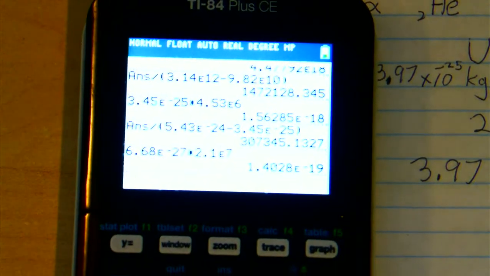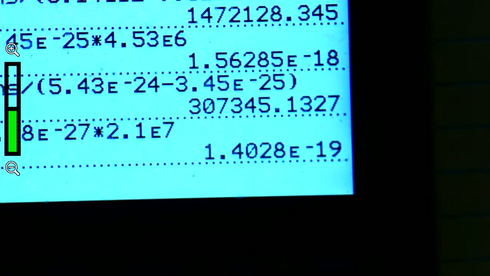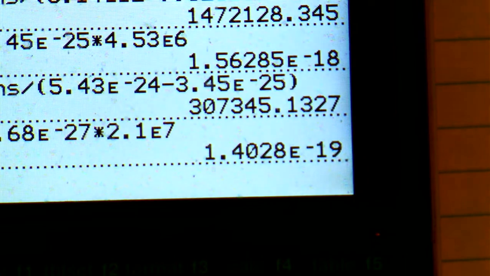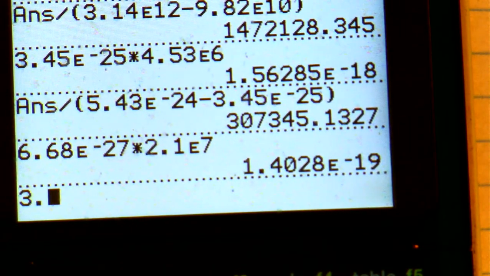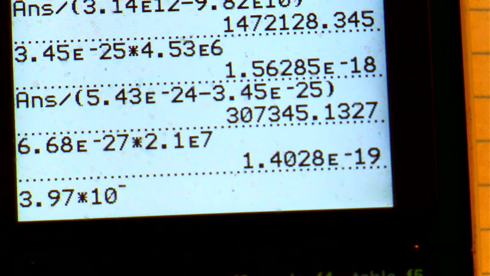Typing in, and I know you can't quite see this yet. All right, and I can dim this a little. Okay, so I'm going to type in 3.97 times 10 caret minus 25.